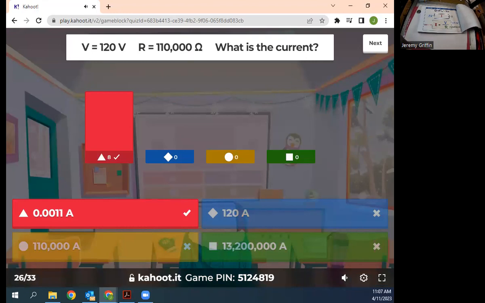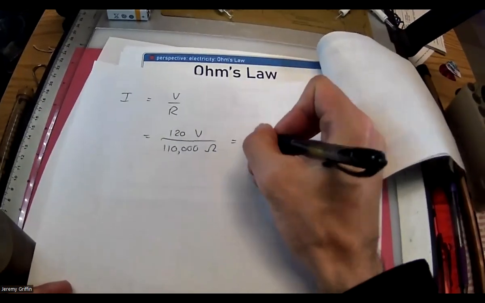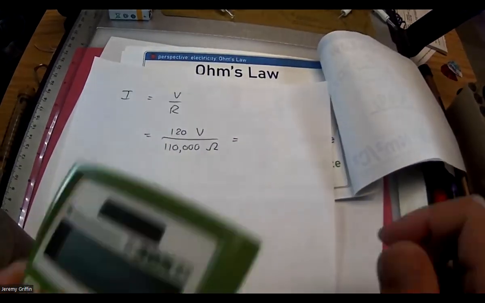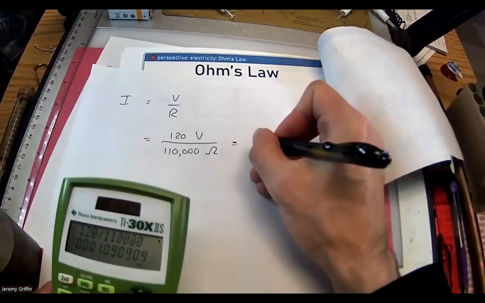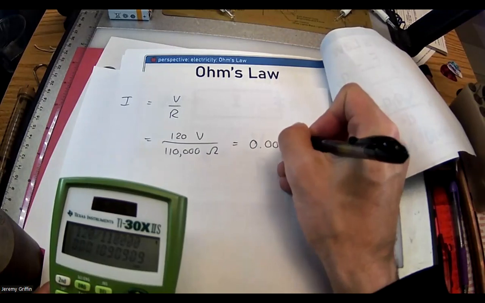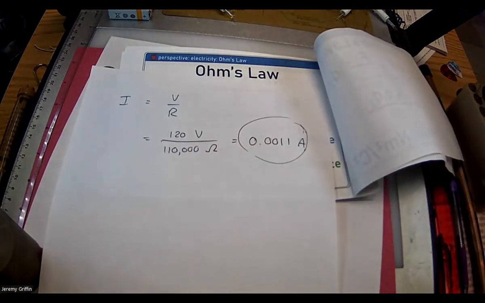Everybody got that, but just to flash the numbers up here. Ohm's law, right? 120 over 110,000 comes out to 0.0011, and that'd be amps. One right there. All right. Nice.